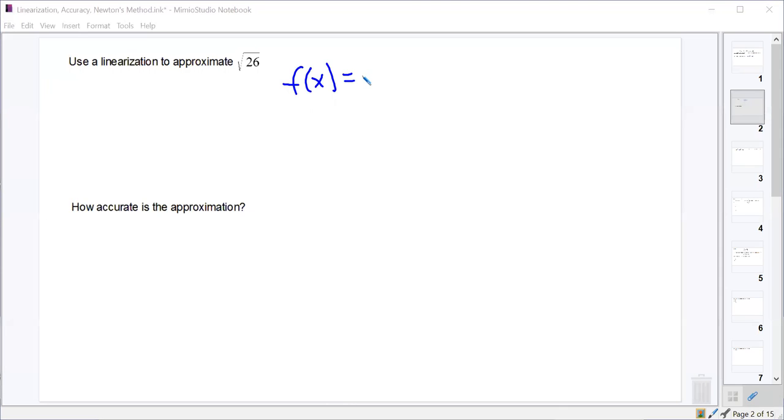So f of x is going to be the square root of x. And what is our a value that we're going to center our approximation at? Should be 25, right? Because we know what the square root of 25 is.